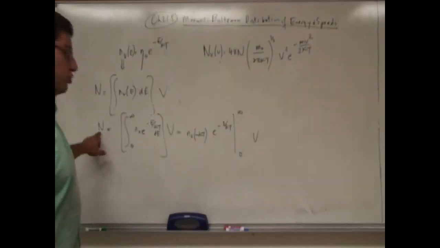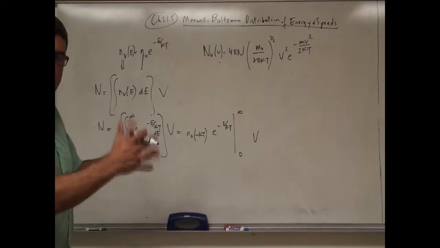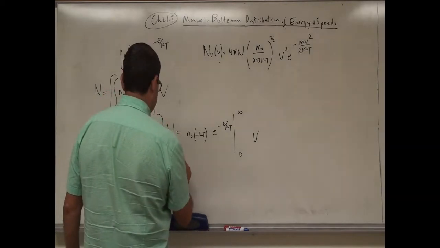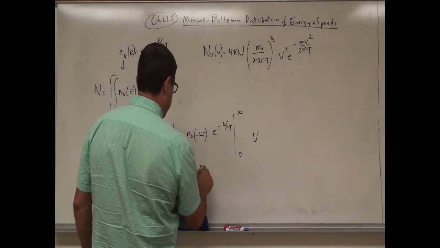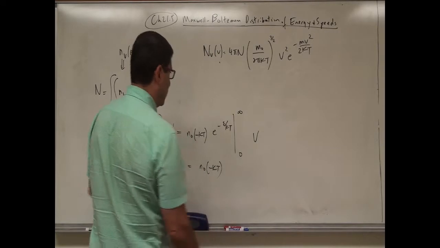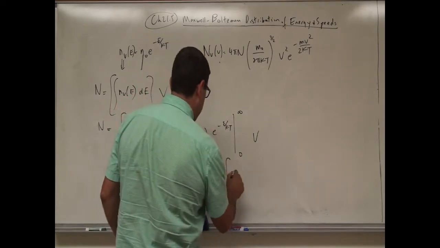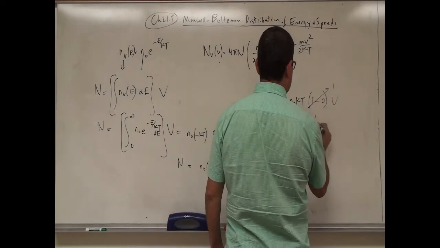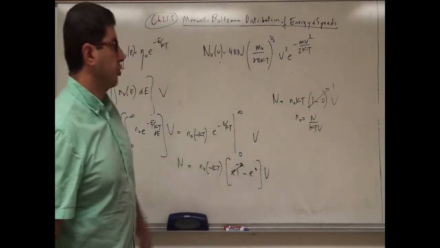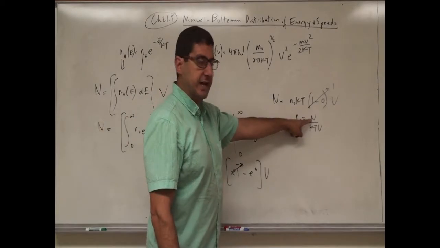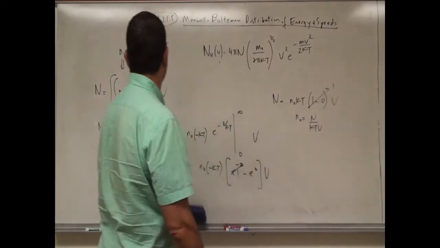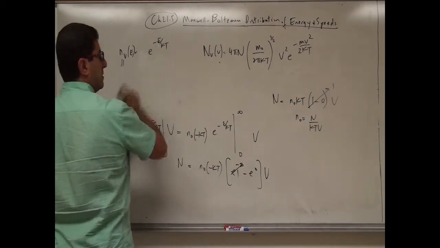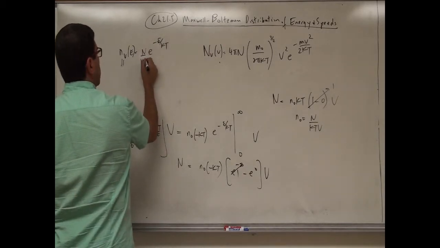That's going to be the total number of particles in that gas or in that system that we're talking about. So then you have N equal to N0 times minus kT, and then you put infinity here, you're going to get e to the negative infinity minus e to the 0, times kTV. The total number of particles in that gas divided by kTV, and that's going to equal N0, N over kTV.